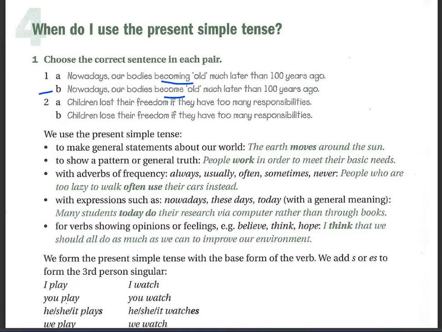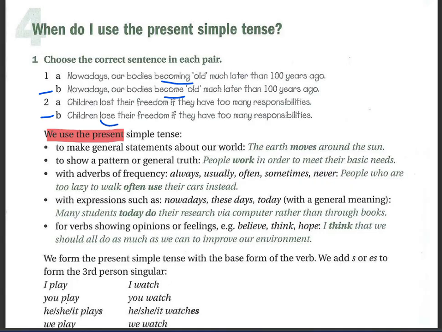Number 2. "Children lost their freedom if they have too many responsibilities." "Children lose their freedom." What do you think? Which one is correct? Very good. It's B. Lose their freedom if they have too many responsibilities. Look at here.